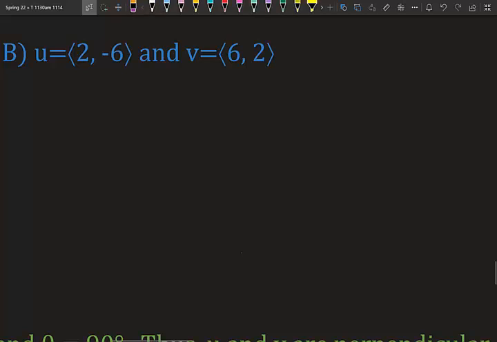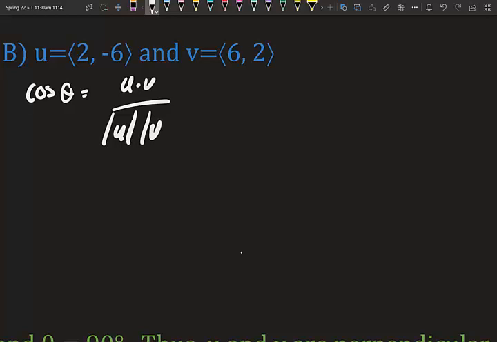All right, let's find the angle between two vectors again. So the formula is cosine theta equals u dot v over the magnitude of u times the magnitude of v. For u dot v, it's always first with first, second with second. So we get 2 times 6 plus negative 6 times 2.